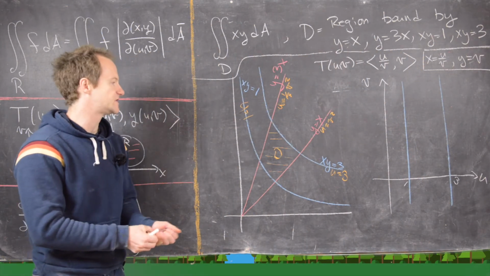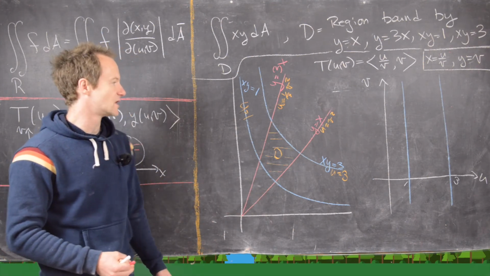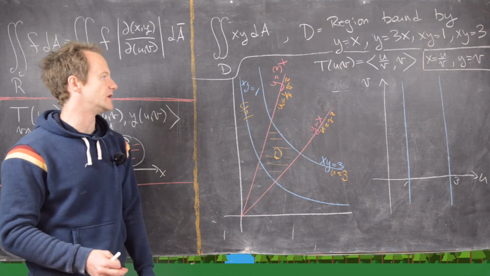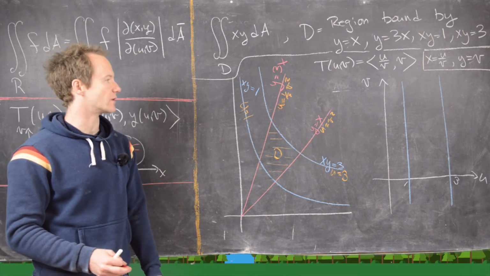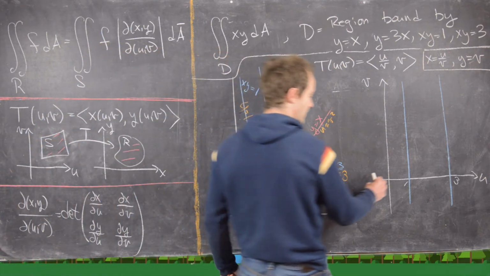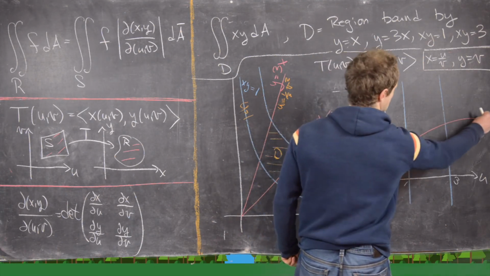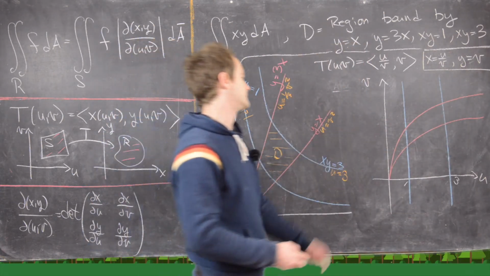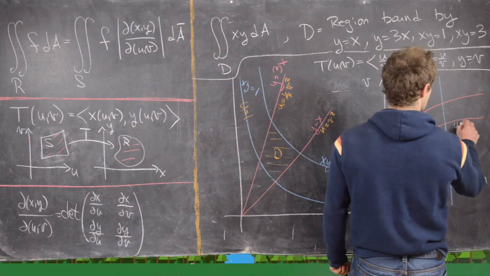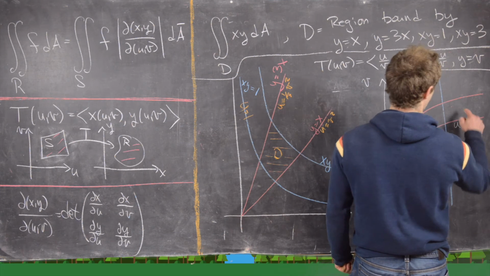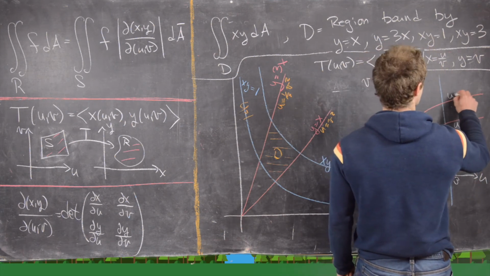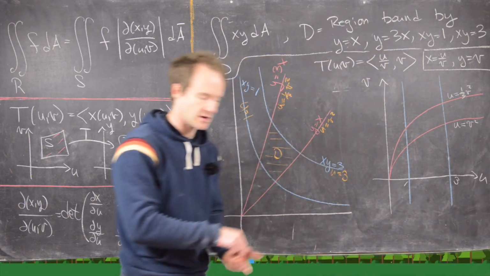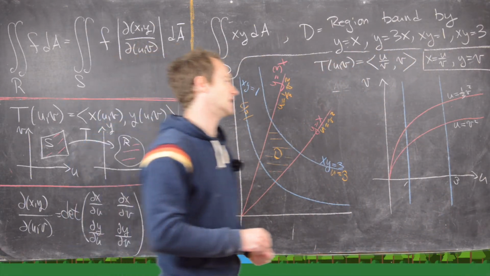Good. And then these two red lines are going to turn into the parabolas u equals v squared and u equals 1/3 v squared. And those look like the following. So this one at the bottom will be given by u equals v squared, and this one at the top will be given by u equals 1/3 v squared. Now it's also going to be useful to write those in the other format.